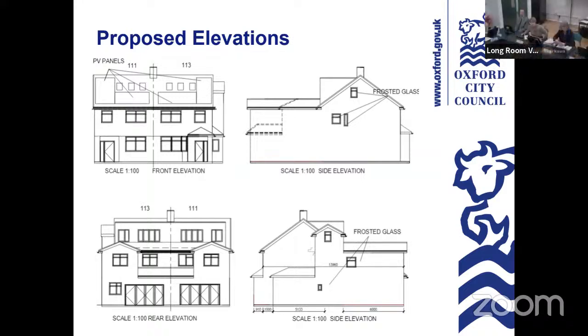Alex? Yeah, just for clarification again, what would be the degree to which this application would be permitted under permitted development rights, which would cover a very substantial part of it, I imagine?